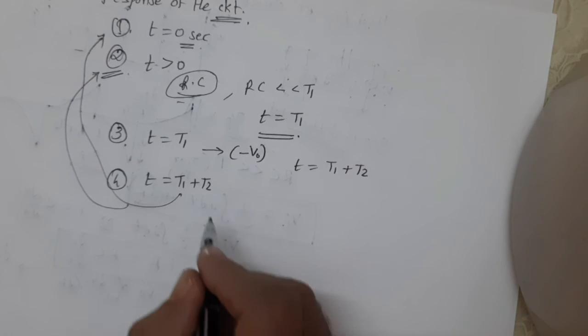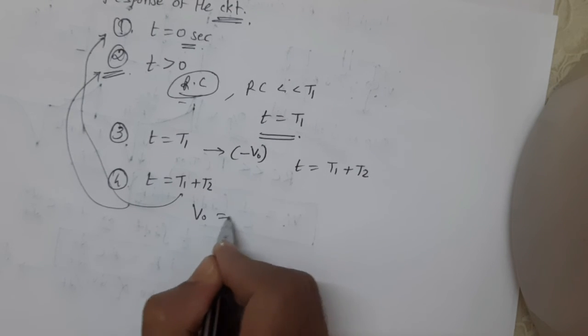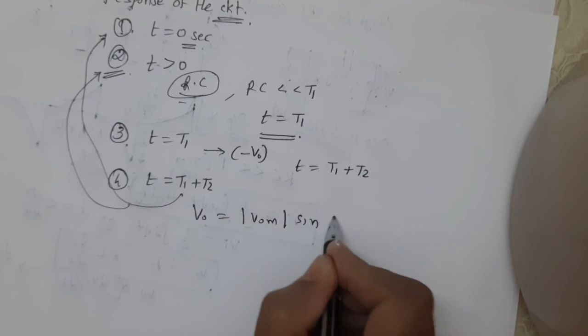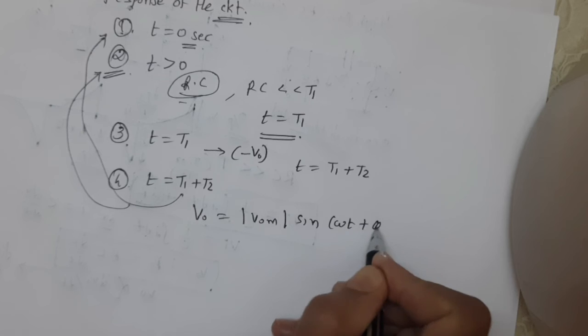We can write the output voltage Vo equal to the modulus of Vom sin(omega t plus theta).